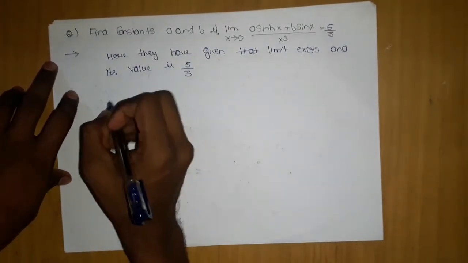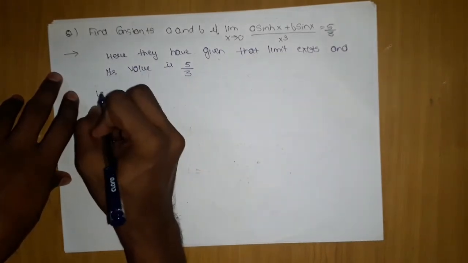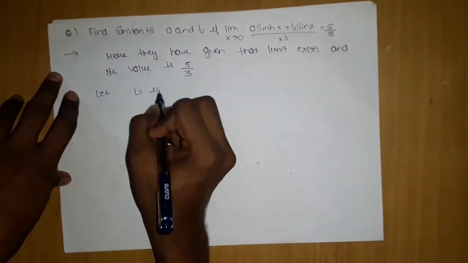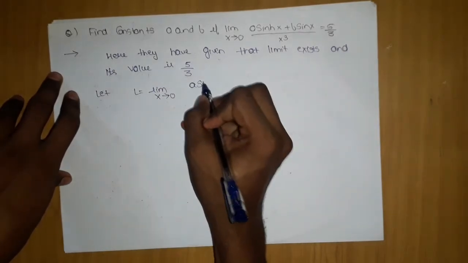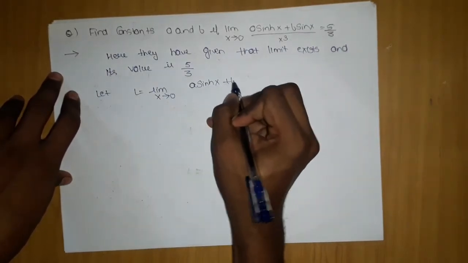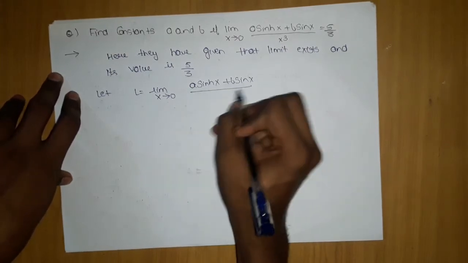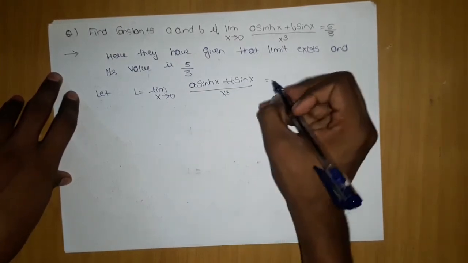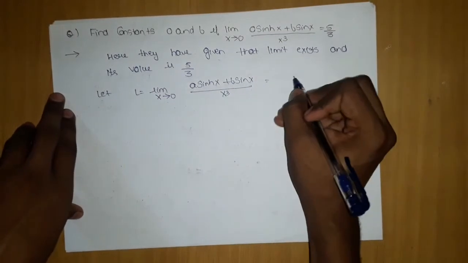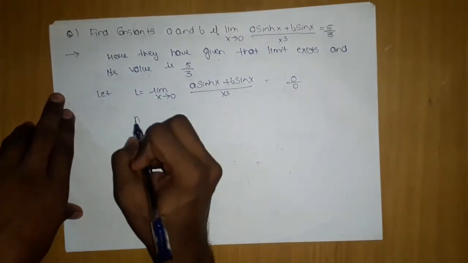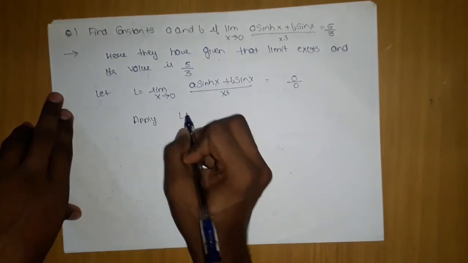If that is true, let L equal the limit of (a sin hx plus b sin x) by x cube. If I substitute the values, this will be 0, this will be 0, I have 0 by 0. So I apply L'Hopital's rule.